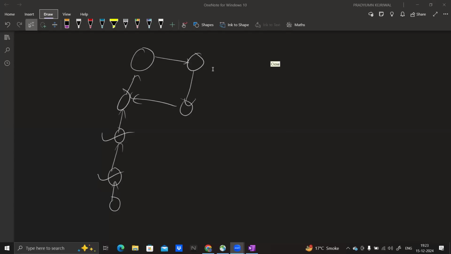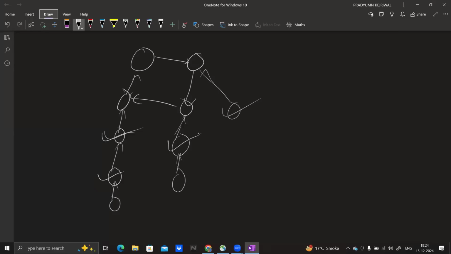Okay, wait. I meant that I will find all the nodes in a cycle, find the node just outside the cycle, and take the max of DP. Yeah, you can do that. Technically, the max would be at the nodes just outside the cycle, right? You are right, but why do that?